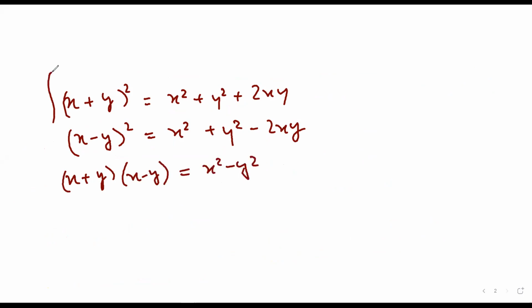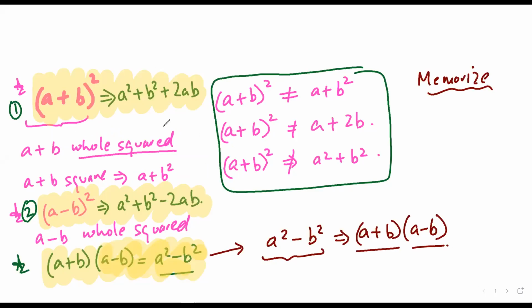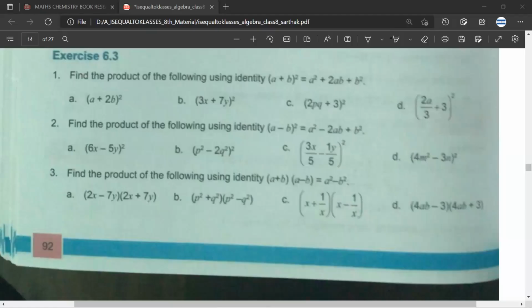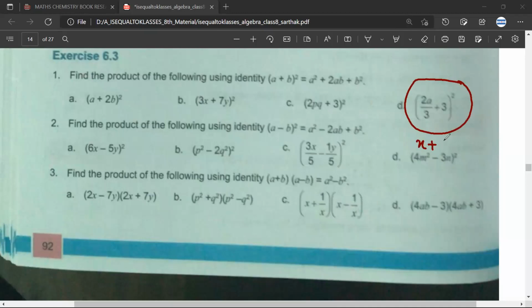So the identities can be written in terms of xy, they can be written in terms of ab. If you want, you can also write this in terms of p plus q whole square or p minus q whole square. Sarthak, have you understood? Yes. So it doesn't matter. So if I have to solve this, to avoid confusion, I will write this as x plus y whole square.